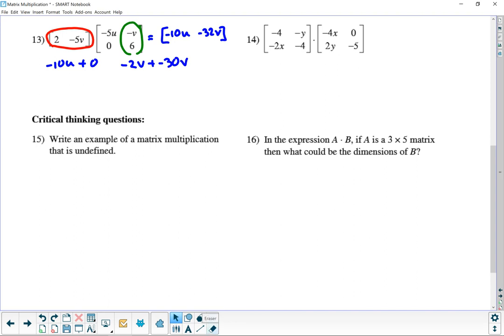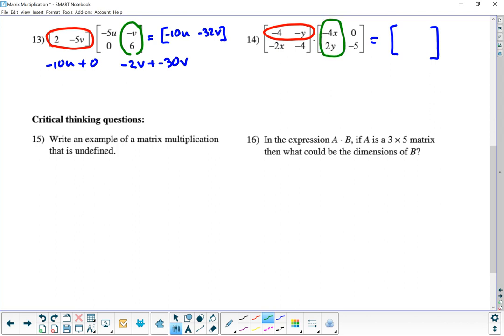Okay. Next one. A 2 by 2 and a 2 by 2, you're going to get a 2 by 2. That's pretty straightforward. The insides match, the outsides also match. So that means that we're doing rows first, columns next.